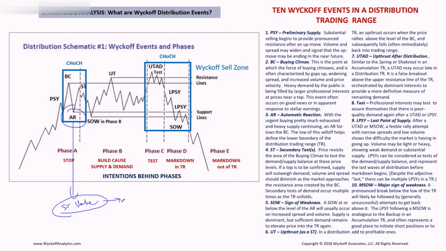Who's going to take this? Who is the buyer here? Well, institutions have been selling into the strength of weak hands. They've been selling on the change of character as well. So would they be buyers?